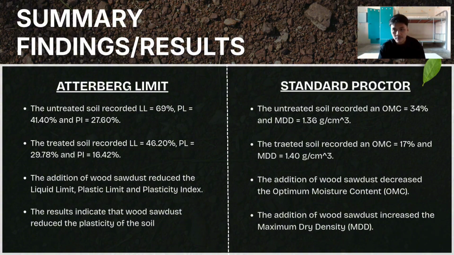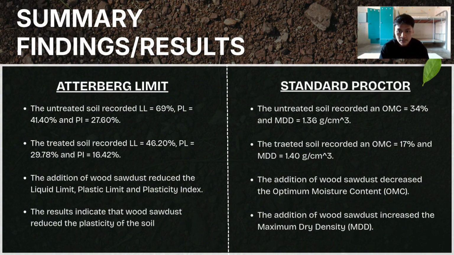After we add wood sawdust, the values decrease to 46.20% for liquid limit, 29.78% for plastic limit, and 16.42% for plasticity index. This result shows that the addition of wood sawdust reduces the plasticity characteristic of soil. So the treated soil became less plastic and more stable compared to the untreated soil.